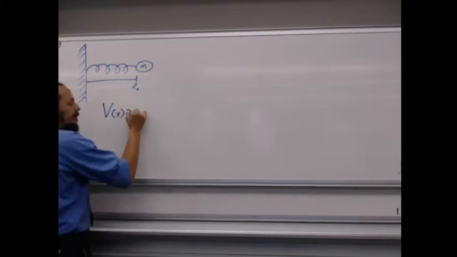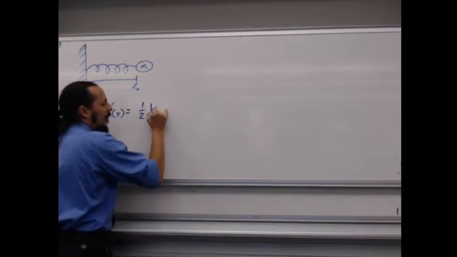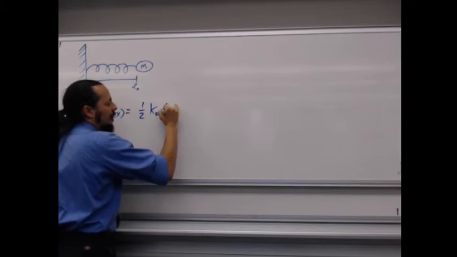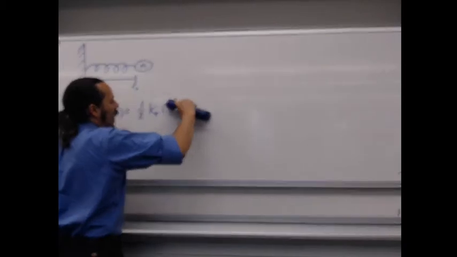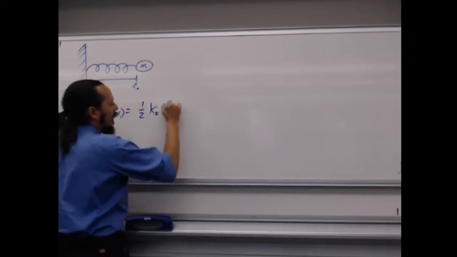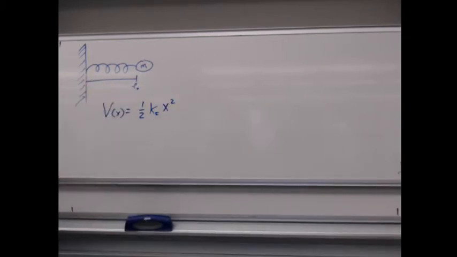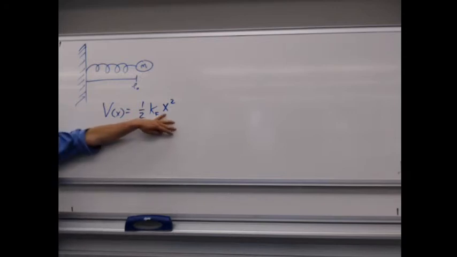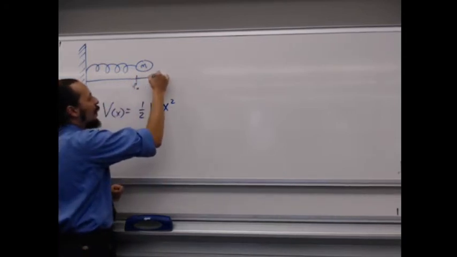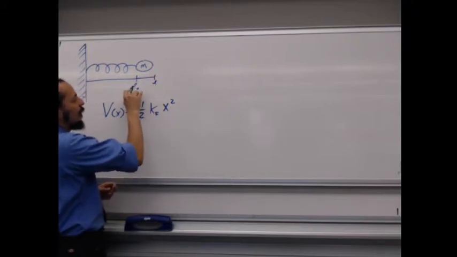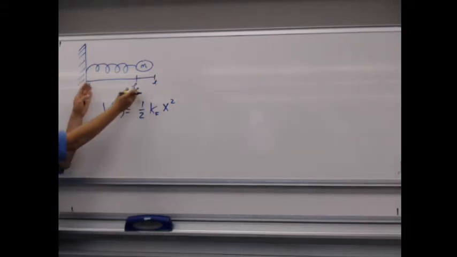would be 1/2 kf x squared. I'm going to write it like this for now. And I'm going to tell you that this x squared is a trick, because really we should think about how far we displace this L from the equilibrium length.